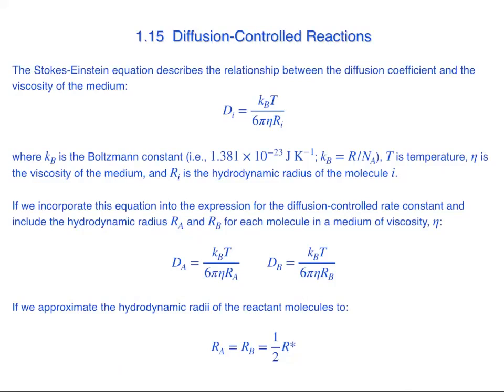So if we say, to a good approximation, that the hydrodynamic radius of A and the hydrodynamic radius of B are roughly 1/2 this critical reaction distance, we're going to see a simplification of these expressions. And so let's look at that.